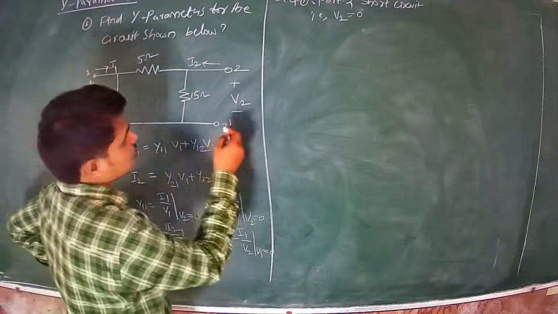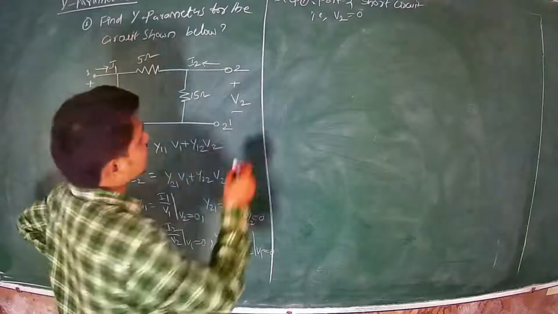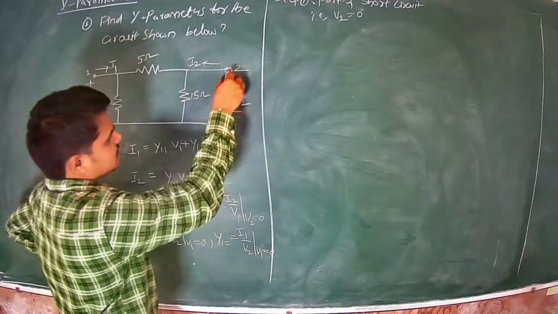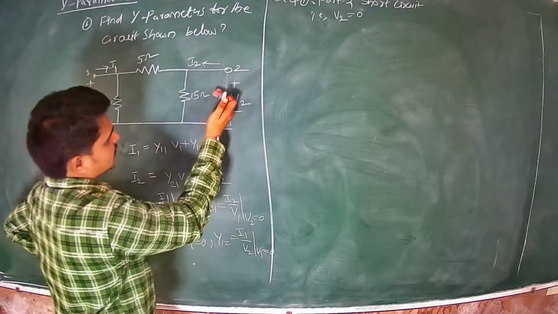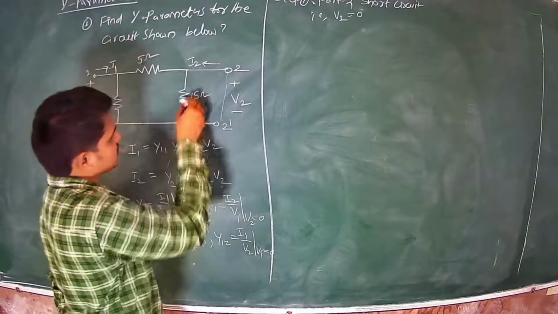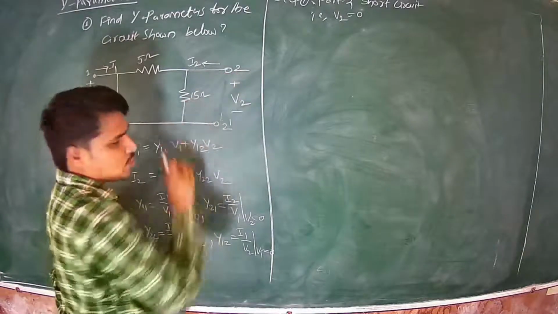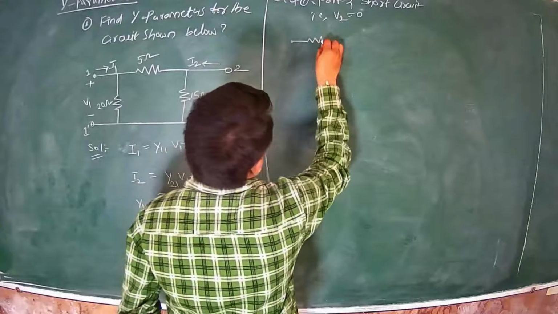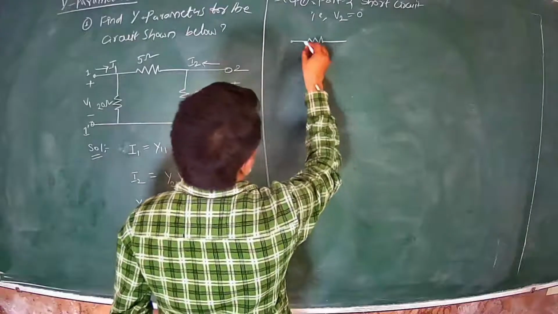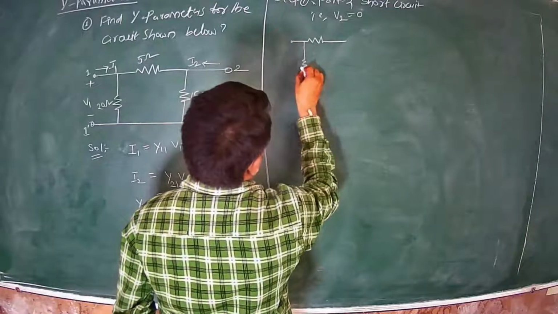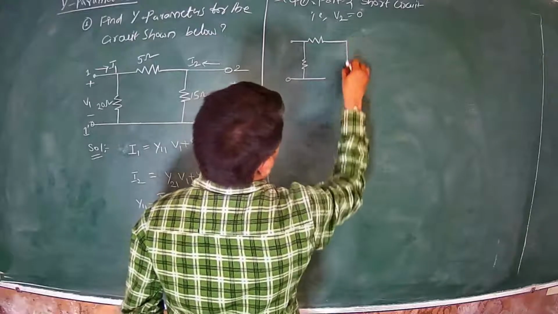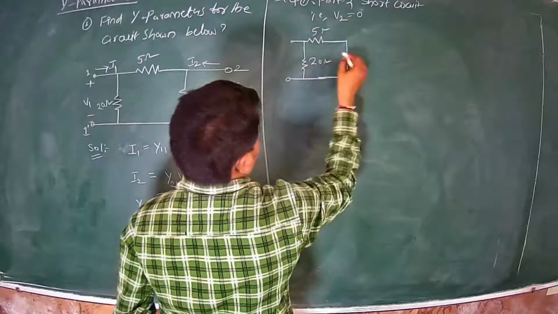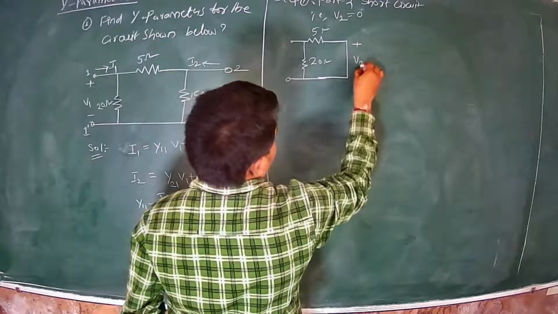That means now redraw the network. If you redraw the network, this will become a short circuit. If this is a short circuit, this 15 ohm resistance is redundant. That means this 15 ohm is nowhere functioning. Therefore, this is the resultant network. 5 ohms, this is 20 ohms, and see here this V2 is 0.